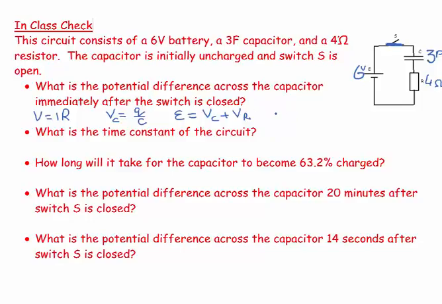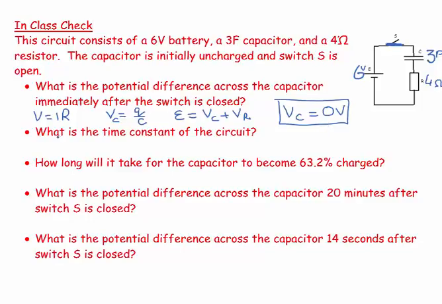So my voltage across the capacitor equals 0 volts because there's no charge. And the voltage across the resistor must be 6 volts because the potential difference has to be dropped across the combination of these two. So my answer is the voltage across the capacitor equals 0 volts immediately after the switch is closed.